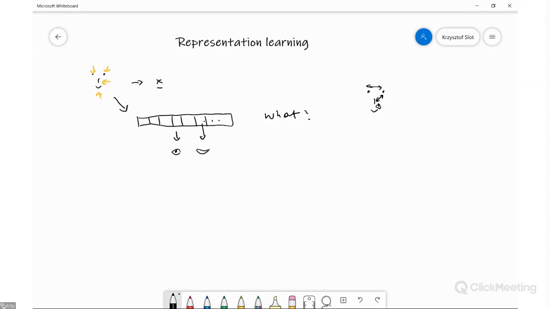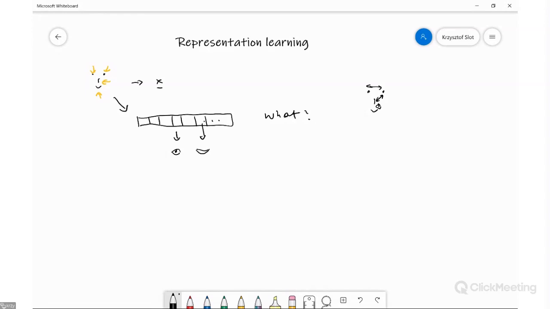So the first thing that I would like this representation to capture is the structure of these characteristic points. And the second thing that I wish it to capture is information about spatial relations between these characteristic points.